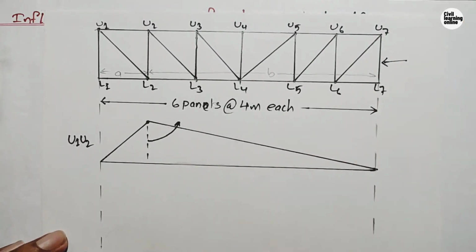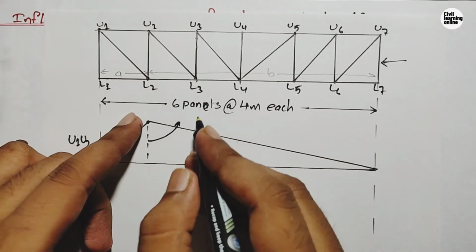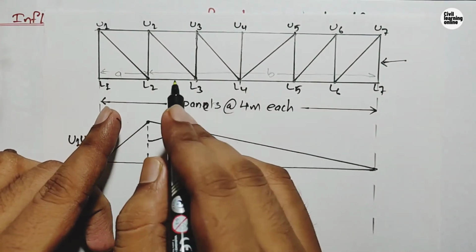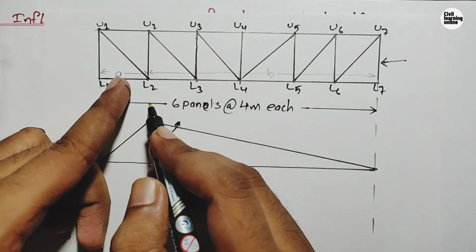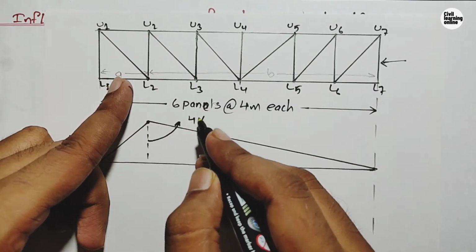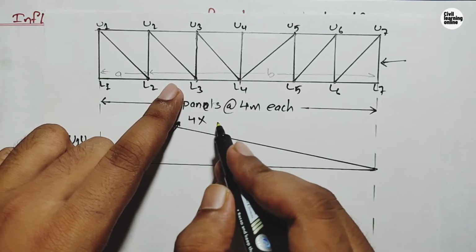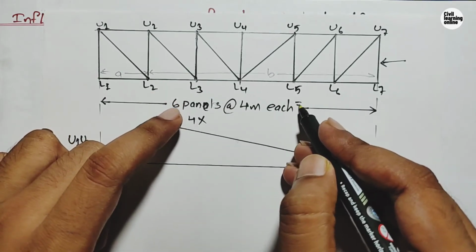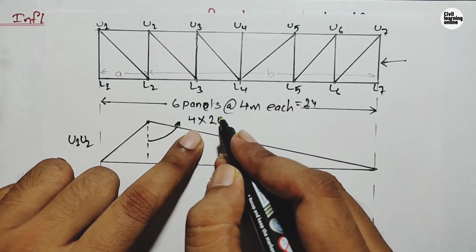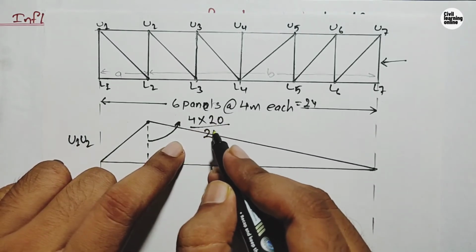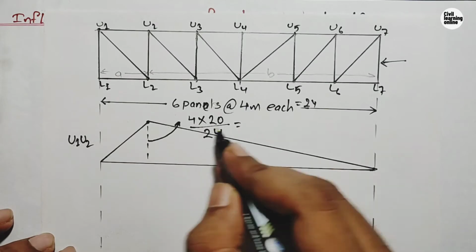And now guys, you are smart enough to tell me that there are 6 panels, 1 2 3 4 5 6, and each panel has 4 meters. So value of a will be 4 times 4, and b is going to be 4 times 20 divided by the whole span, which is 24.